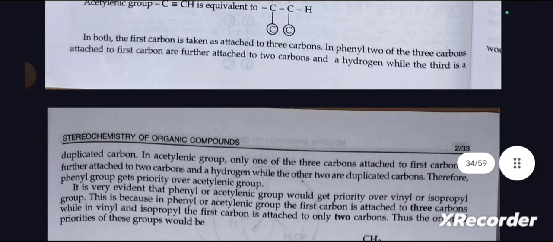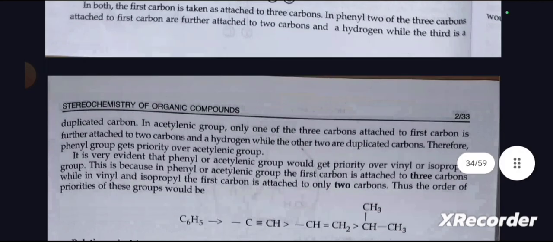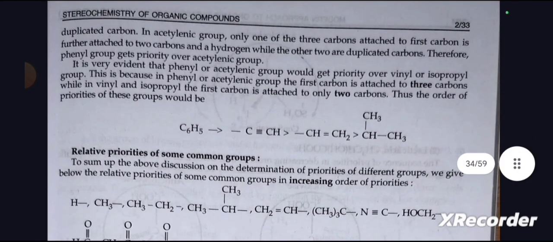In both, the first carbon is taken as attached to three carbons. In phenyl, two of the three carbons attached to the first carbon are further attached to two carbons and a hydrogen, while the third is a duplicate carbon. In the acetylenic group, only one of the three carbons attached to the first carbon is further attached to two carbons and a hydrogen, while the other two are duplicated carbons. Therefore, the phenyl group gets priority over the acetylenic group.